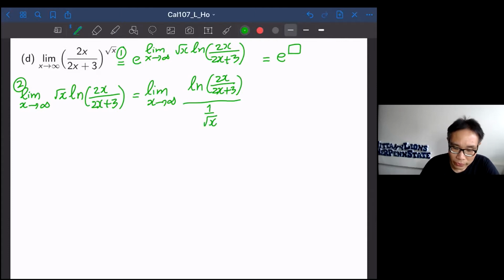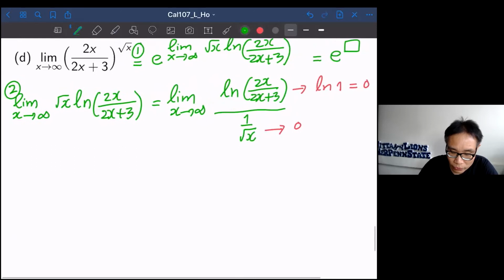And you see that when x goes to infinity, this guy tends to log 1, equal to 0, and this guy tends to 0. So in this case, you're gonna apply L'Hopital, the version 0 over 0. Before we differentiate, we should simplify this a little bit, because we're not going to differentiate the log of the quotient. It's going to turn out to be more difficult.